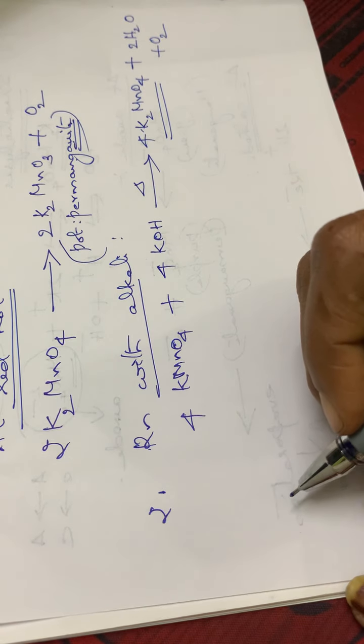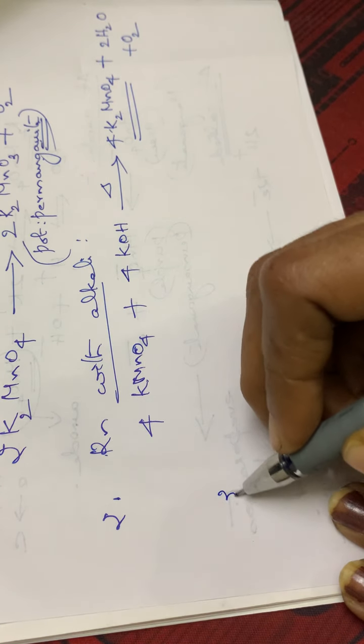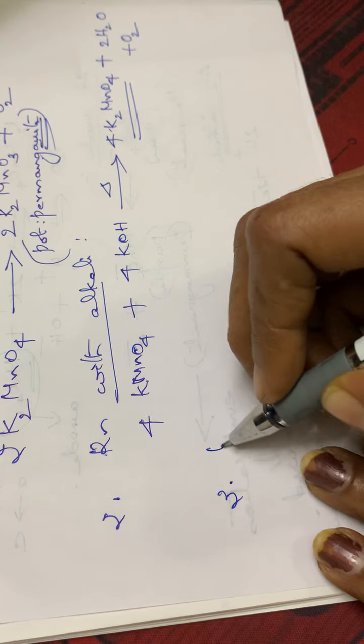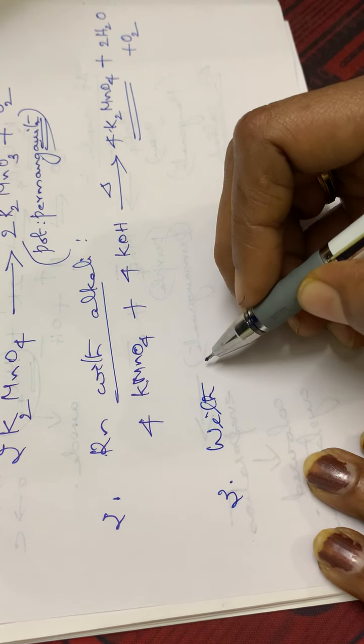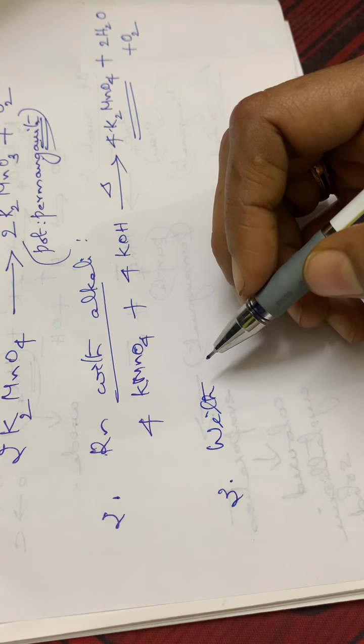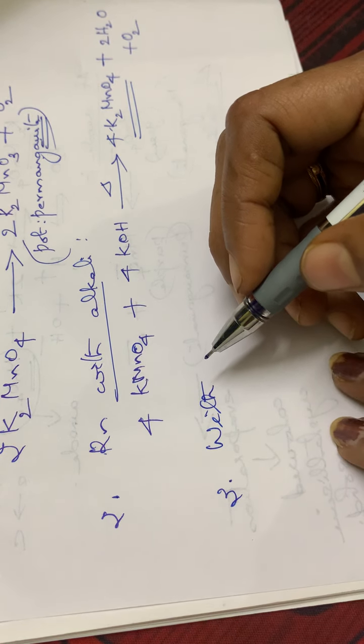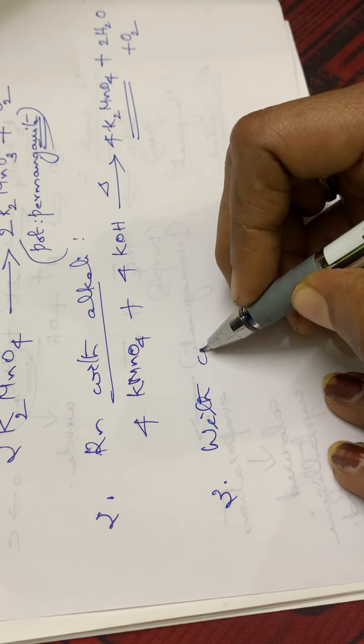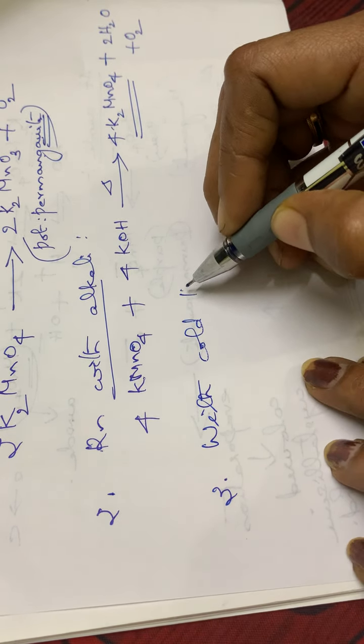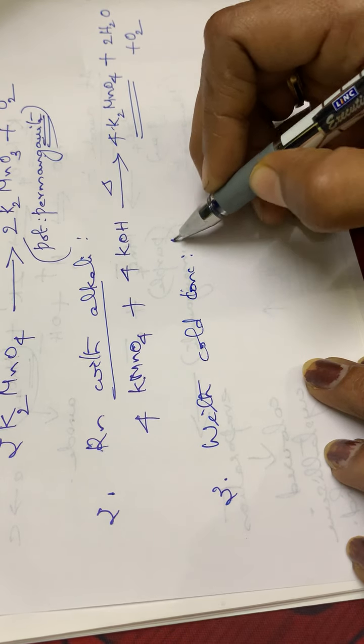Then the next reaction with sulfuric acid. The third reaction with sulfuric acid. See here, you have to go through 2 reactions with concentrated sulfuric acid. Then the first one is with cold concentrated sulfuric acid.